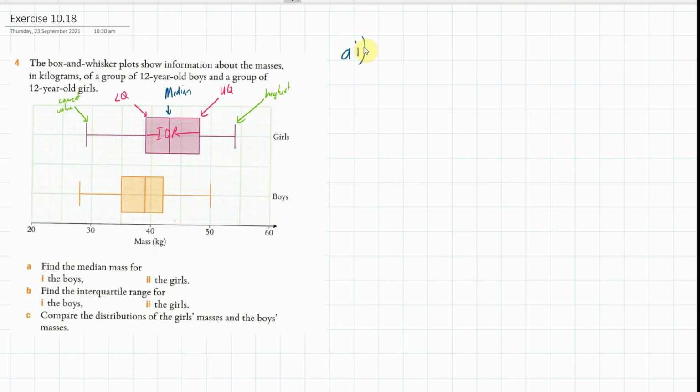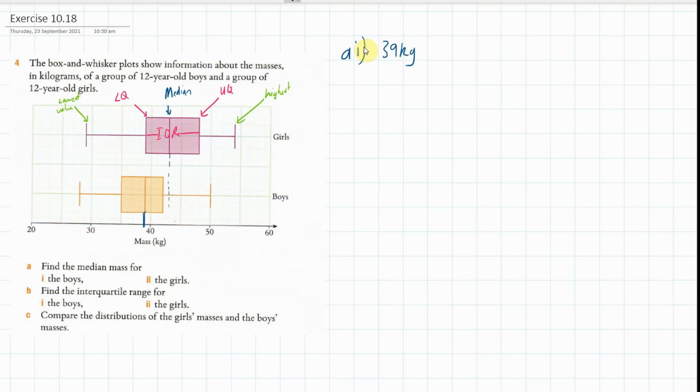A, the median mass for the boys. Well, the boys is this bottom box and whisker graph, the median mass, and that's this mass here, and that looks to me like 39 kilograms. Okay, now we're going to do the same for the girls, but the girls one is here.